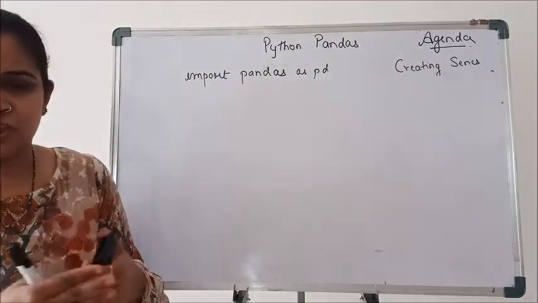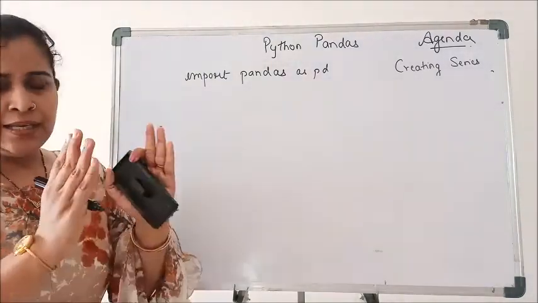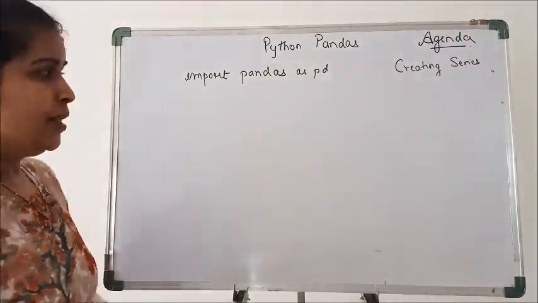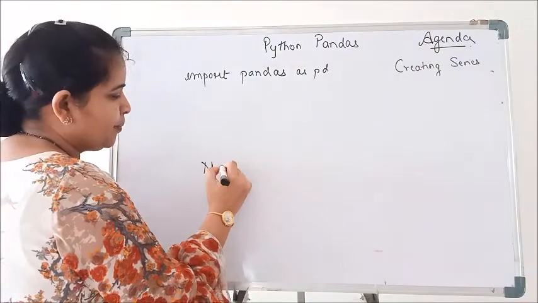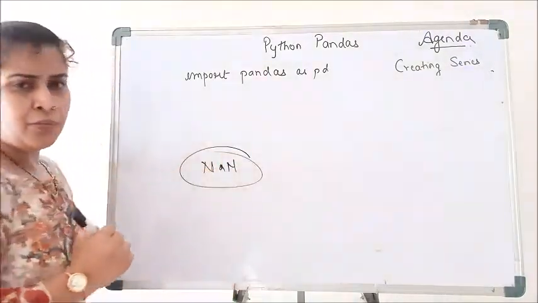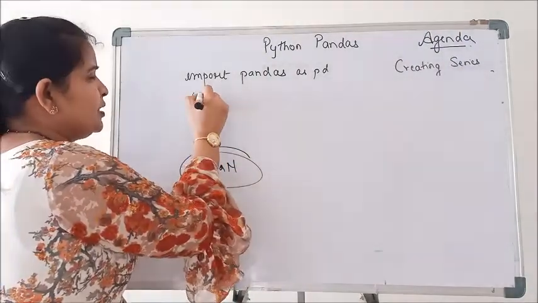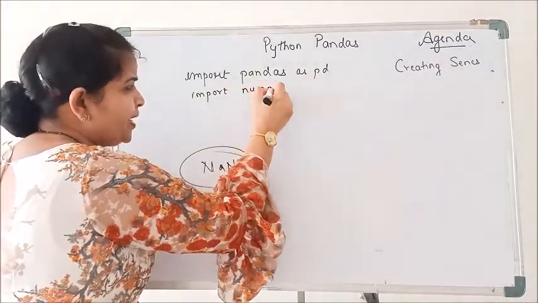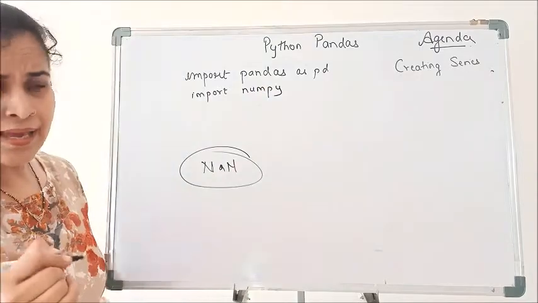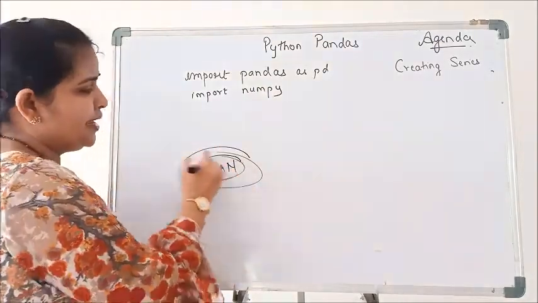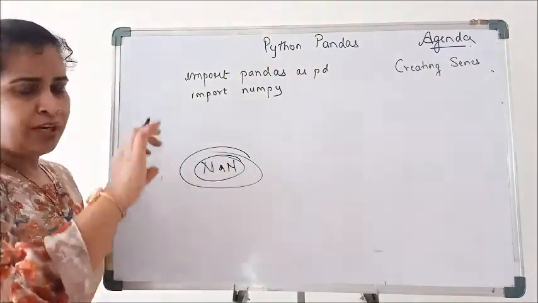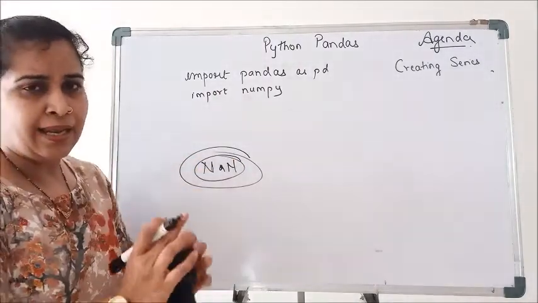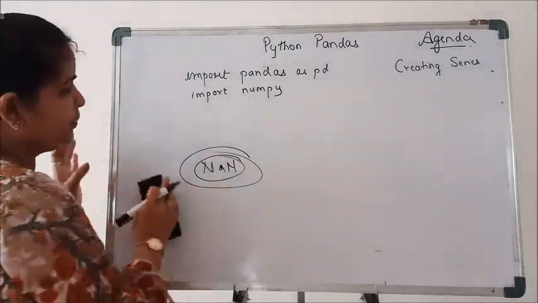Because we cannot change the size of the series, I will insert values of 4 elements, and for the 5th element we can insert NaN, that is not a number. This is an attribute of NumPy. NumPy is a library which is used to handle arrays, and it has NaN, that is not a number. It will assign the memory to the particular element, and afterwards you can insert the element there.